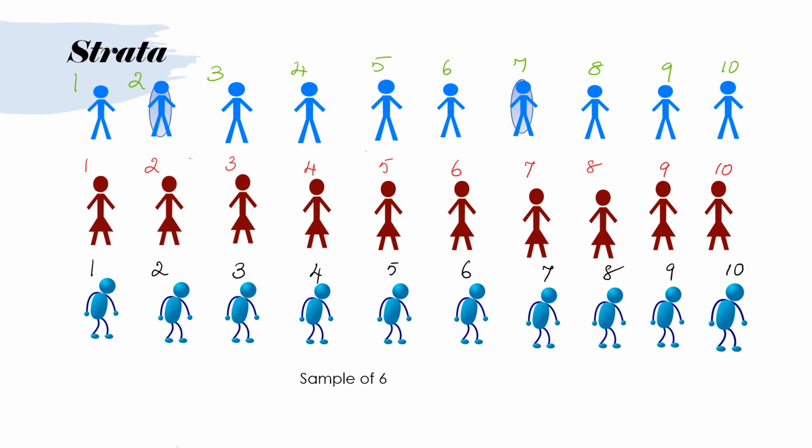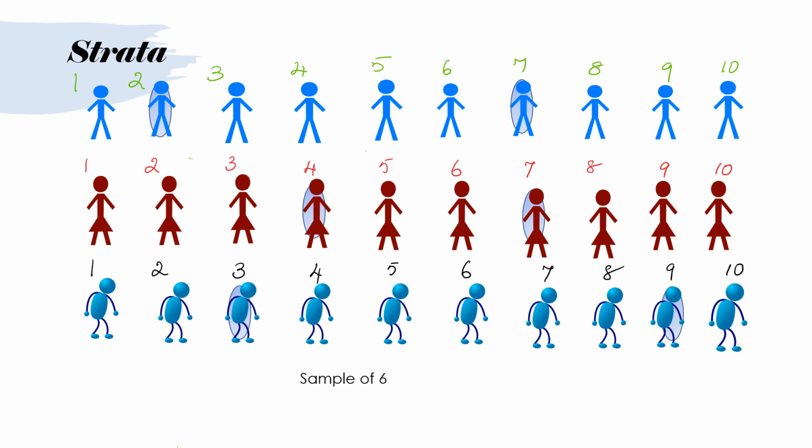So let us say we can pick 2 and 7 from the males, 4 and 7 from the females, and from the old, 3 and 9. So this group consisting of numbers 2 and 7 from the male, 4 and 7 from the female group, and 3 and 9 from the elderly people will be the stratified sample.